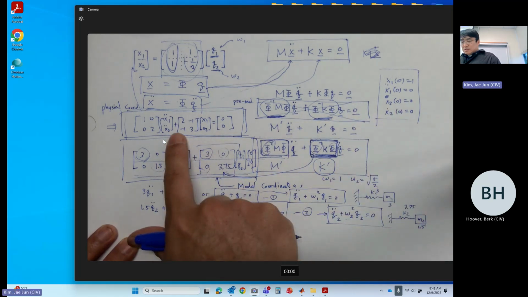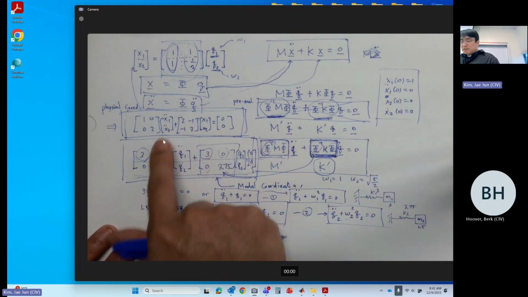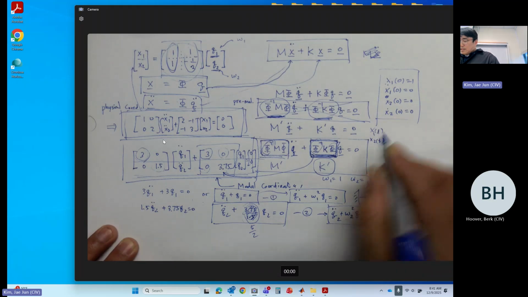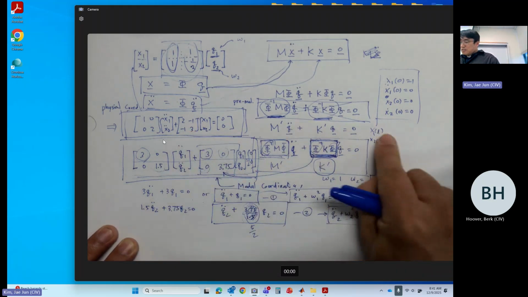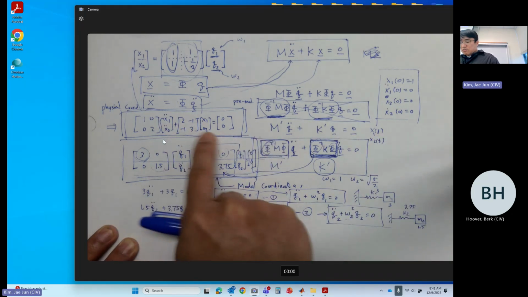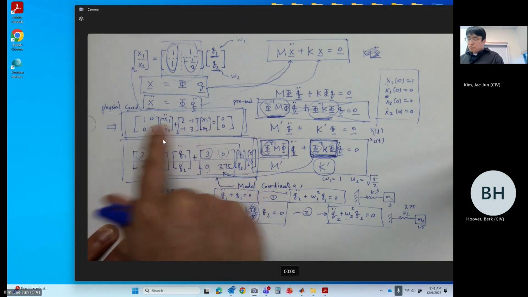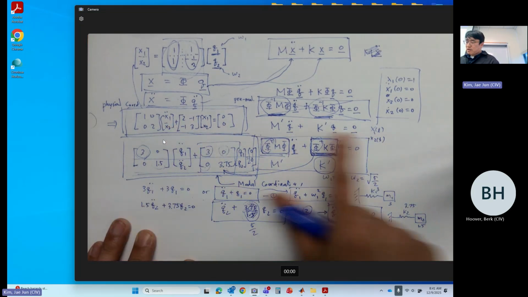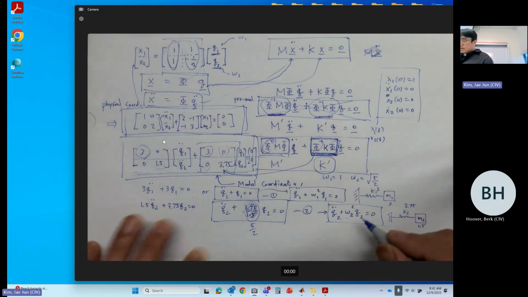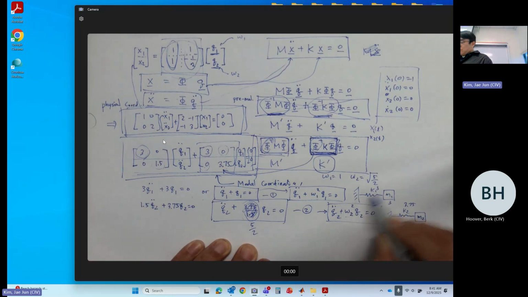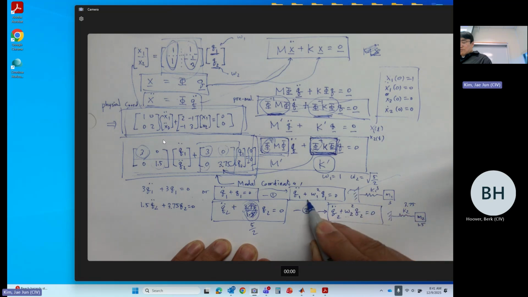Remember, if you want to solve this in terms of x1(t), x2(t), it's difficult to do it here, right? Because you don't know how to solve for x1 and x2 unless you do some algebra, which is not as straightforward as this. But how about this one? Can you solve for q1?